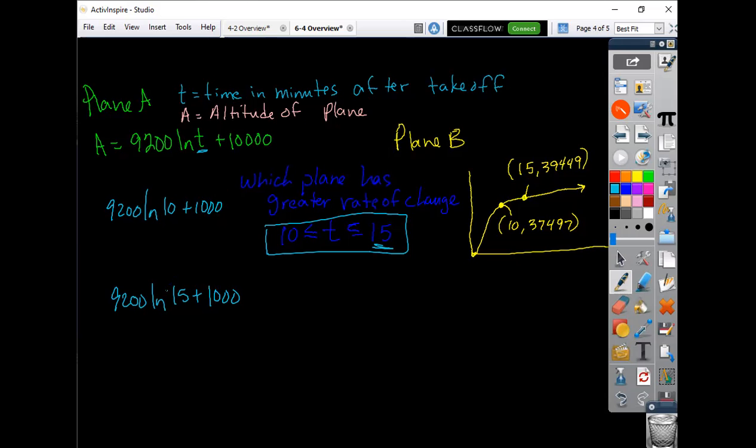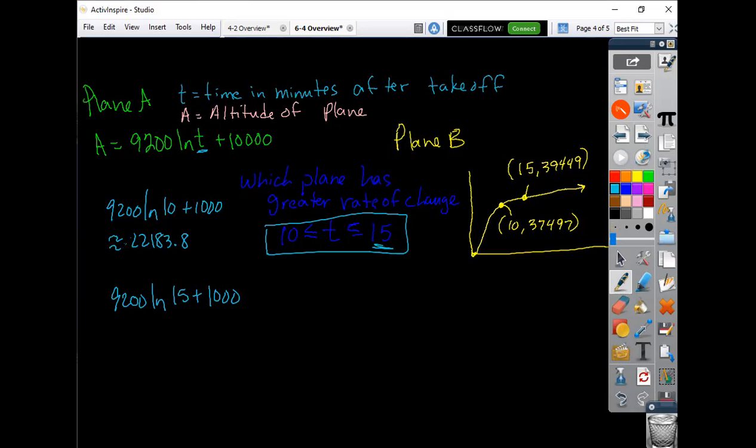I've got my 9,200 natural log, ln of 10, enter, plus my 1,000, and I came up with 22,183.8, rounded off.